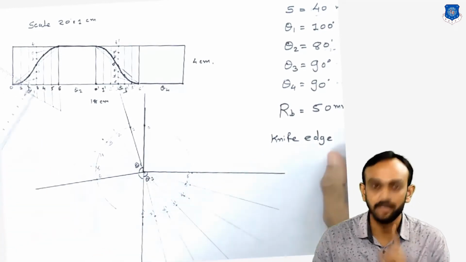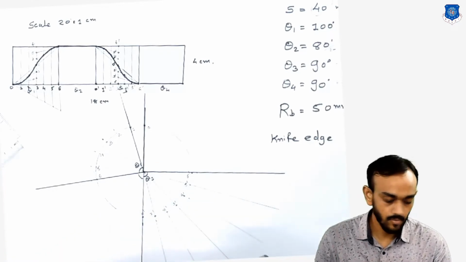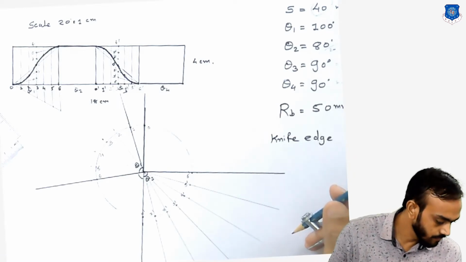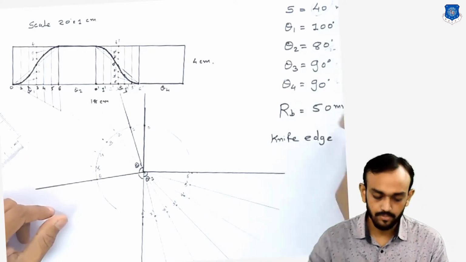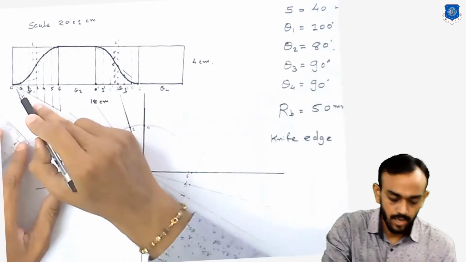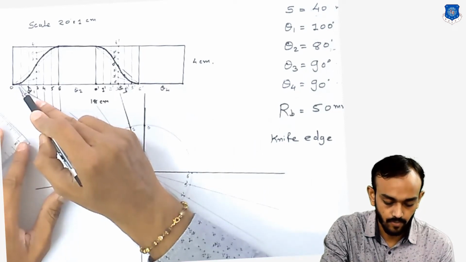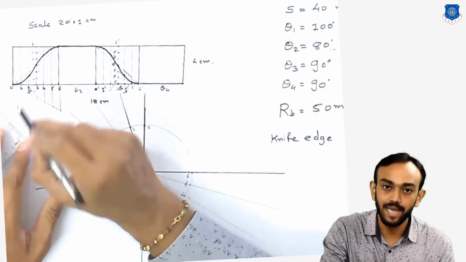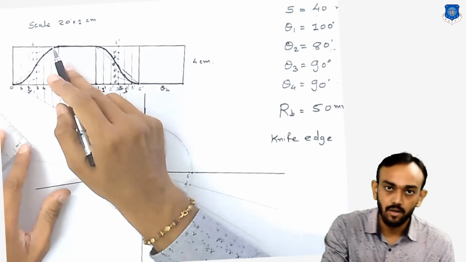Now let's start drawing the cam profile. So as you can see here, this is the curve we have got here for the rise, for acceleration.